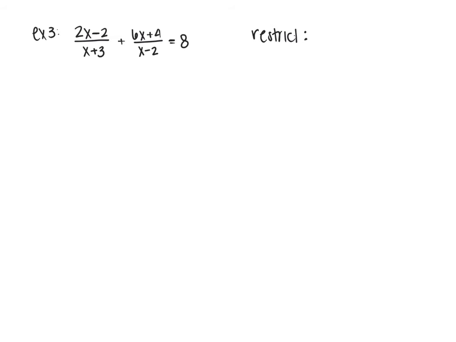So my restrictions are where I set every single denominator equal to 0. So I've got x plus 3 equals 0, and then I'm going to set the other denominator equal to 0.